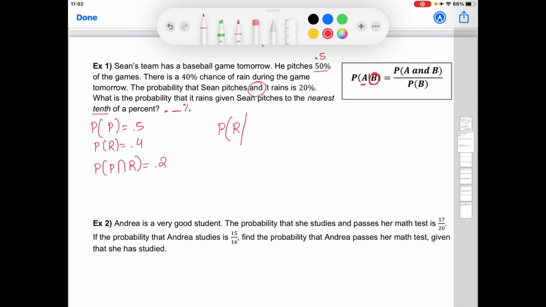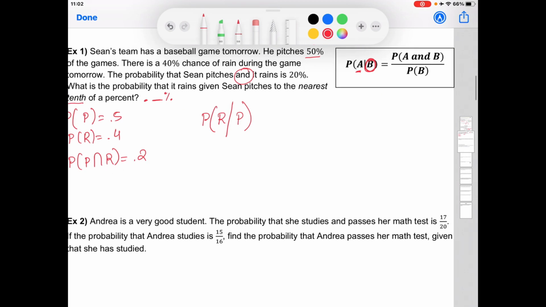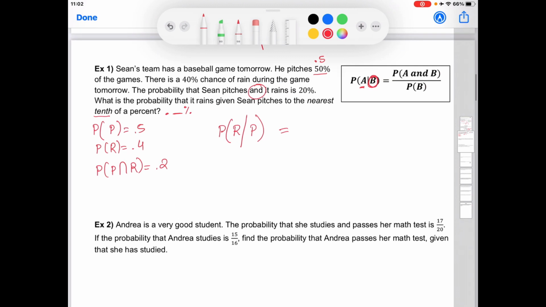You don't have to draw it that big, but Sean pitches. The probability that it's going to rain given Sean pitches. So my given is pitching, right? So what did I say? It's the intersection. So the intersection of the two, probability of rain and he's going to pitch, over the probability of given. What was my given? Pitching. So what's the probability of rain and pitching, which is 0.4. Oh, rain and pitching is 0.2, sorry.